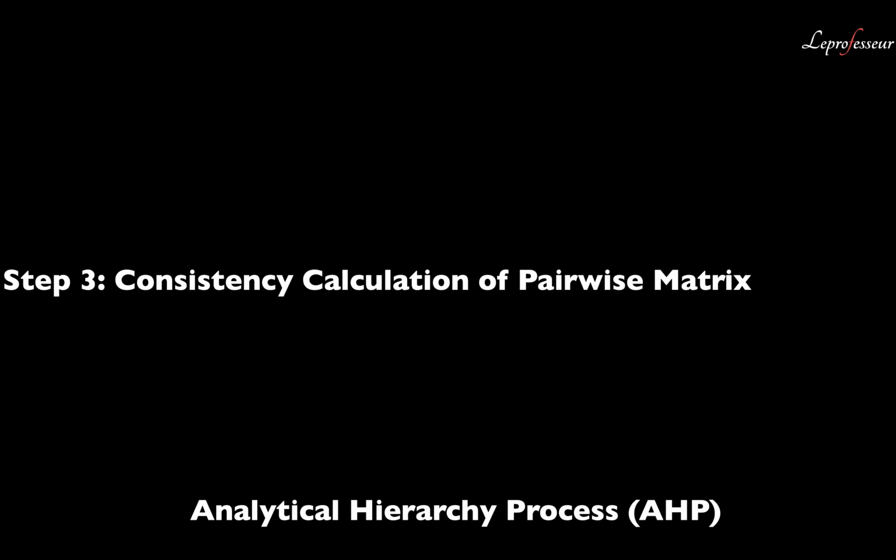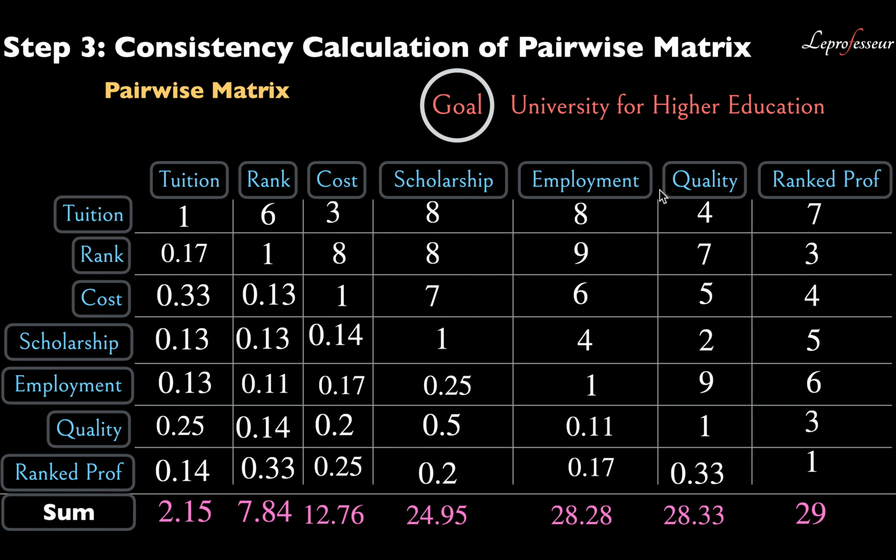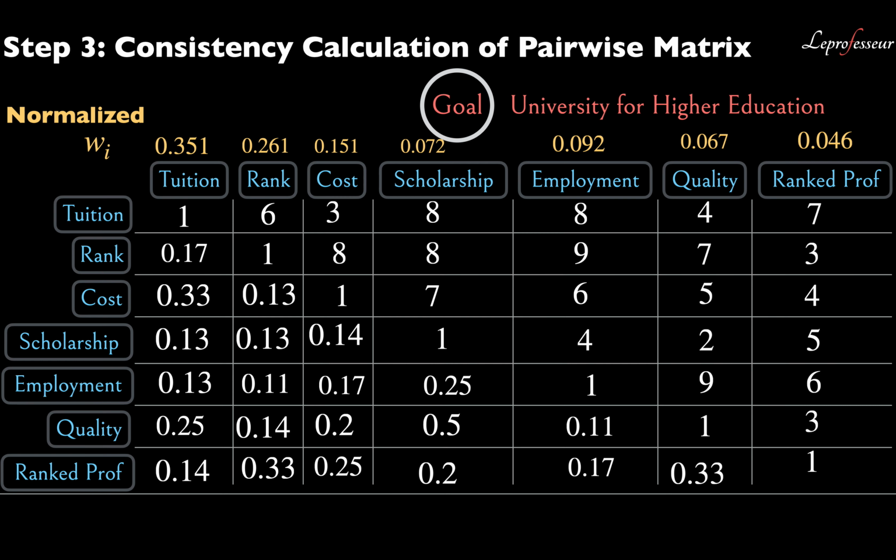Now, the third step, an important step, is to check the consistency of the values we have come up with. We want to do the consistency calculation of the pairwise matrix. As you know, we have come up with the pairwise matrix, then we came up with the calculations, and we normalized the weight, we got it. Good. Now, for the consistency calculations, we want to calculate the consistency index.